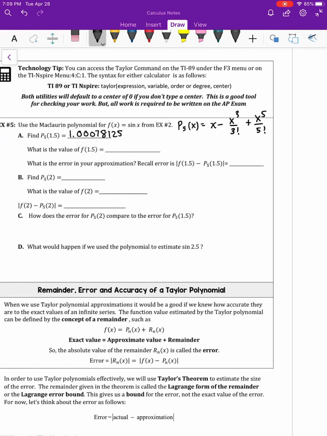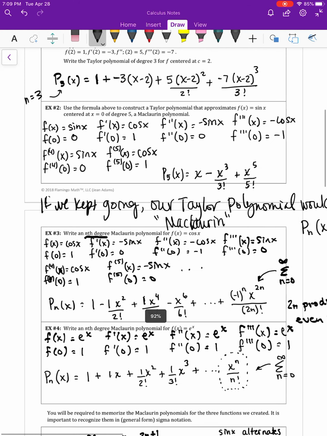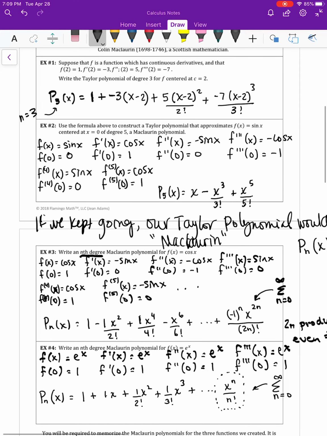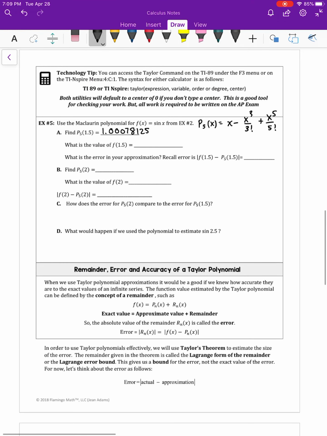So anyway, that's your answer. What is the value of f of 1.5? Well, in example number 2, we were approximating the sine of x. So basically what they're asking here is what is the sine of 1.5?